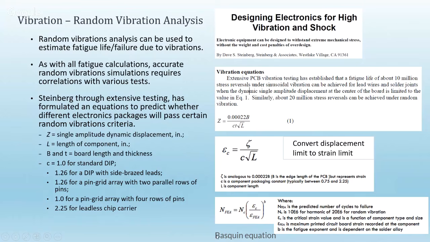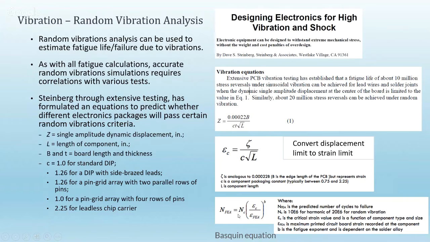We can then use the Basquin equation, so we can convert the displacement limit to a strain limit, and this is what's done in Sherlock. Once you convert it into a strain limit, we can use the Basquin equation to go from this 20 million stress reversals to a number of cycles to failure from FEA analysis.